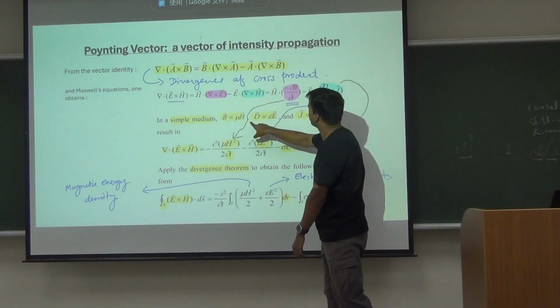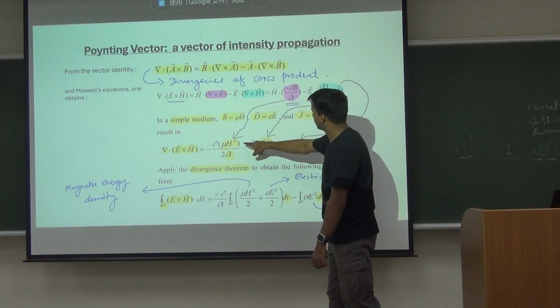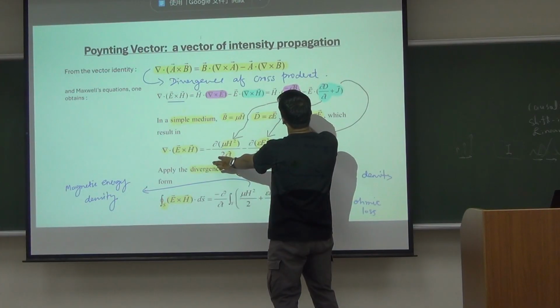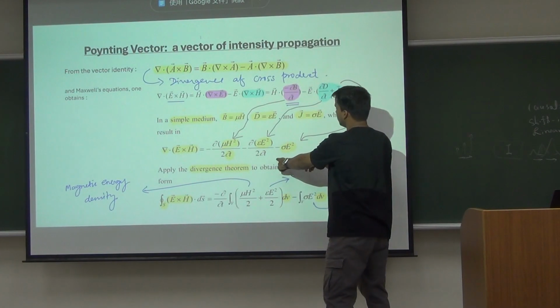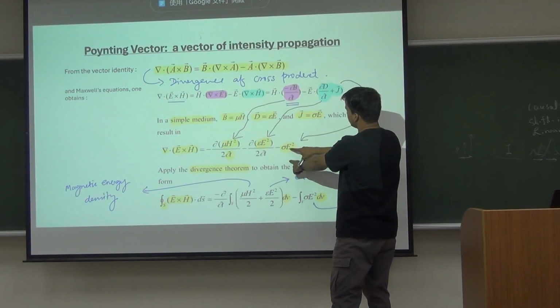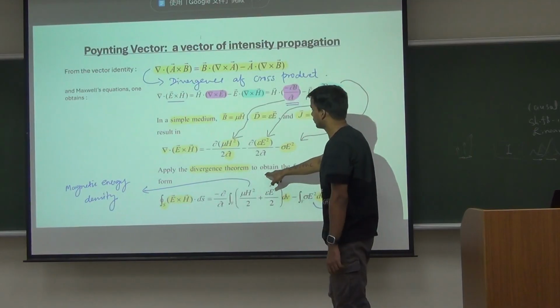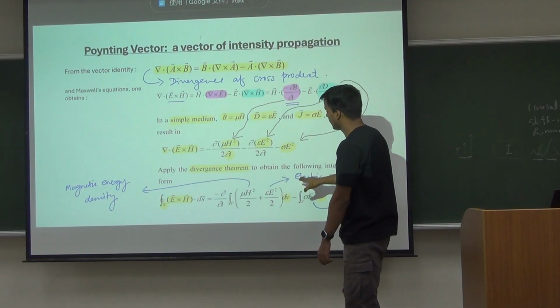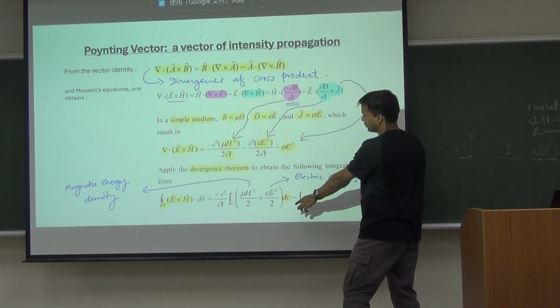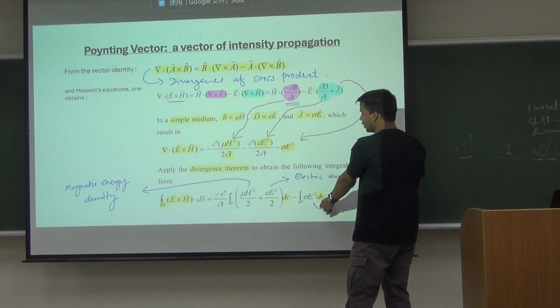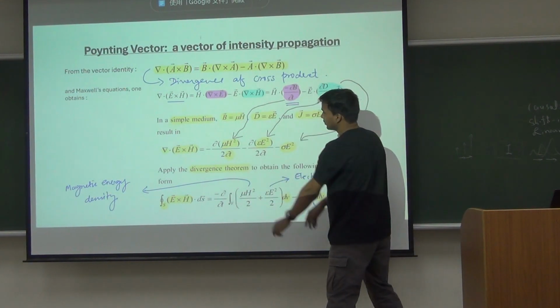The terms are defined here, and when you simplify this formula, we come here, and this J term is sigma E. We then apply the Gauss divergence theorem to obtain this formula here. It converts it into a closed surface integral and a volume integral for this term.